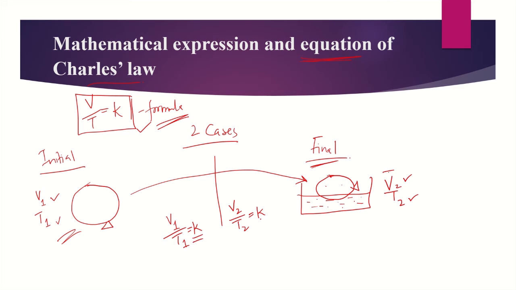And we know that both the K constants are equal. So the next step is to replace the value of K with this value and the other K with that value. So V1 by T1 is equal to V2 by T2. This is called Charles' law's equation.